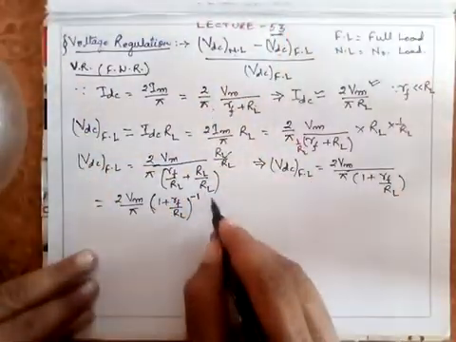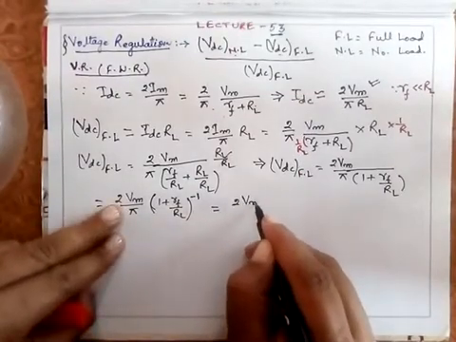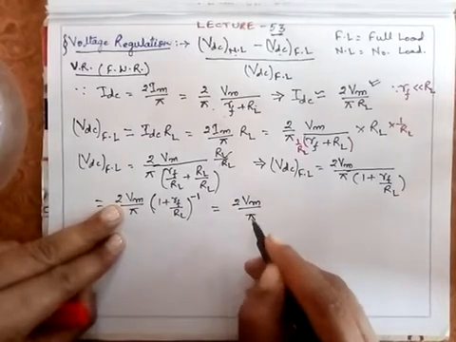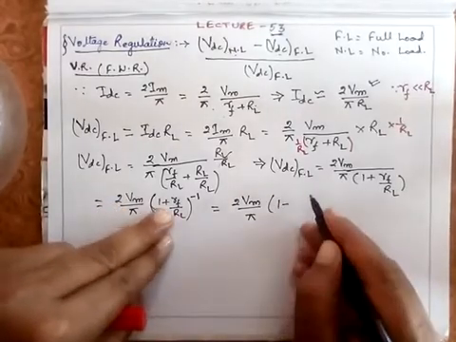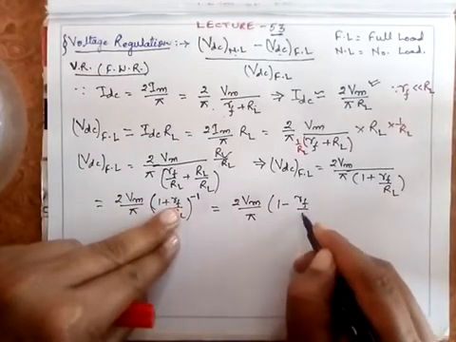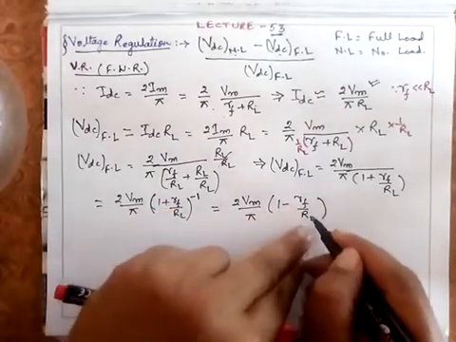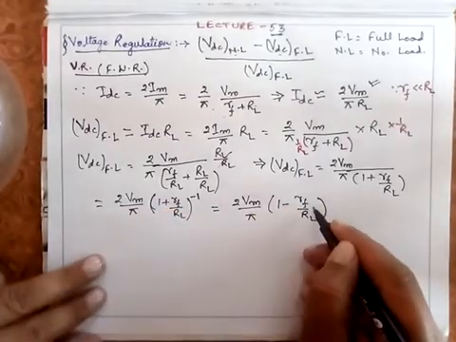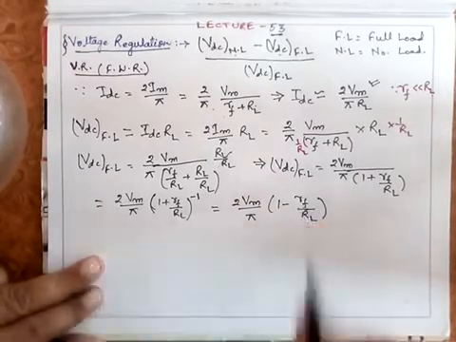So I can say that this is equal to twice Vm by pi. I expand this will be equal to 1 minus Rf upon RL, and I neglect the higher terms because Rf is far less than RL. This quantity will be very small, so I neglect the higher terms. I expand this only up to the first term.